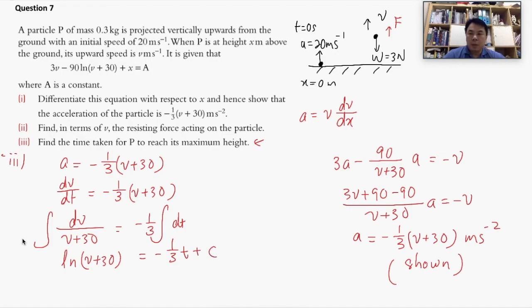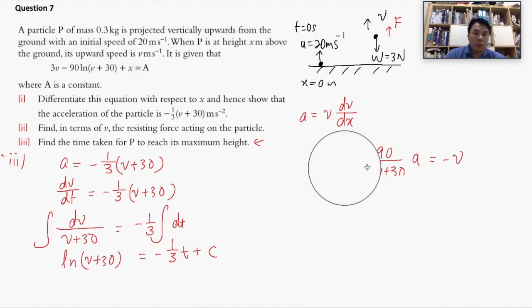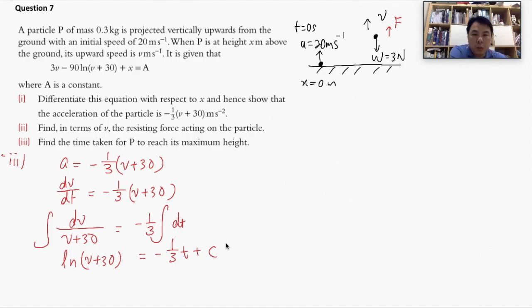Just let me clean up the rest. At this point we know that at t equals 0, u is equal to 20, x is equal to 0. So at t equal to 0 second, v is equal to 20 meter per second.